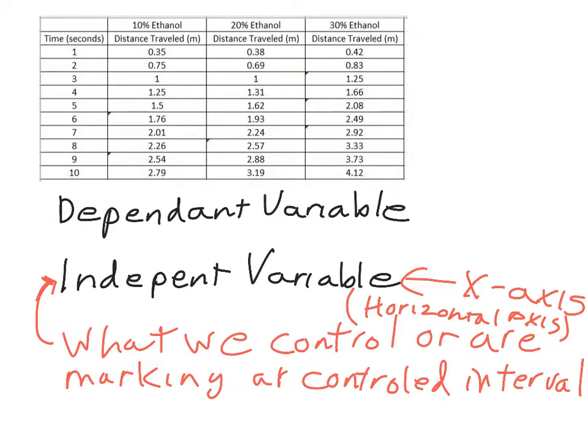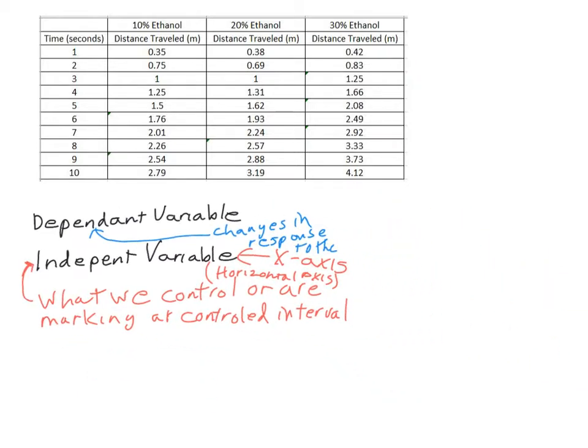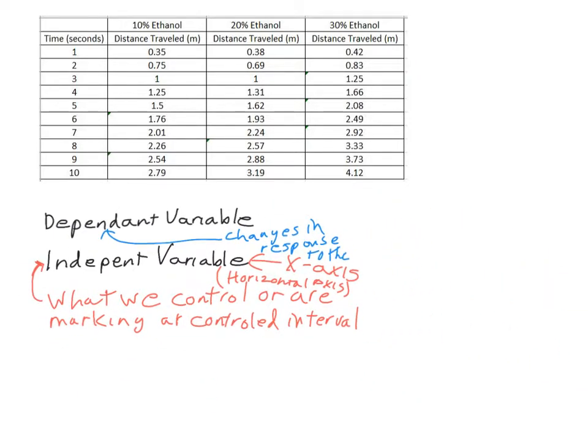Then there's the dependent variable. The dependent variable changes in response to the independent variable, or is measured as a function of the independent variable.